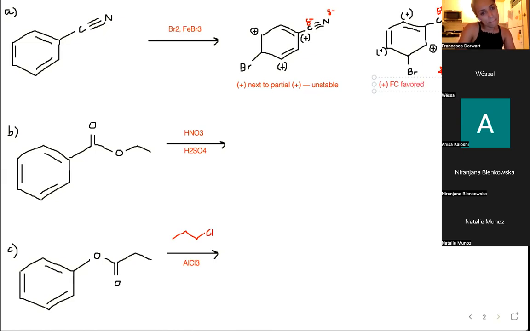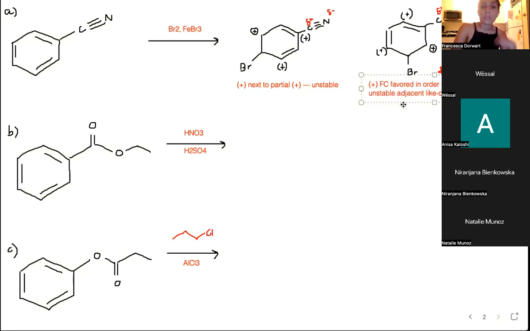Favored in order to avoid unstable like charges next to each other. I'm just trying to think of English to describe this. Favored in order to avoid unstable adjacent like charges. Okay, I think this would probably be the best way to put it.